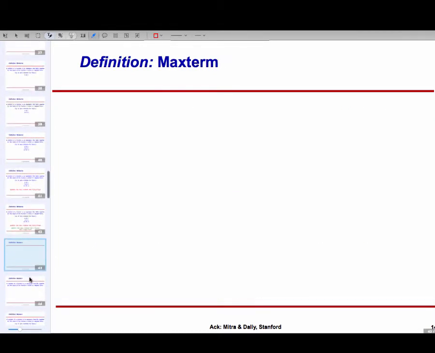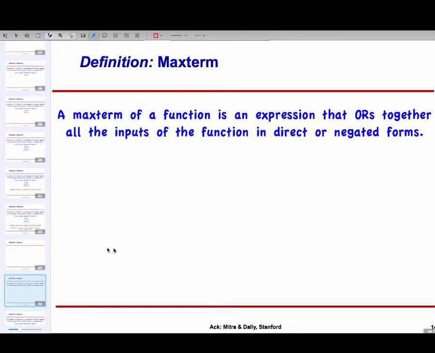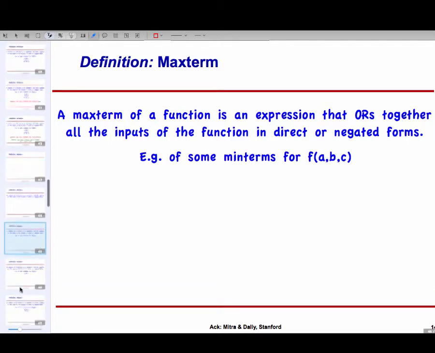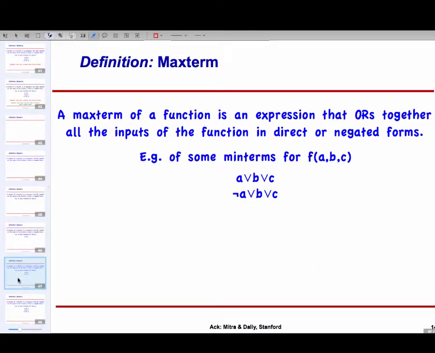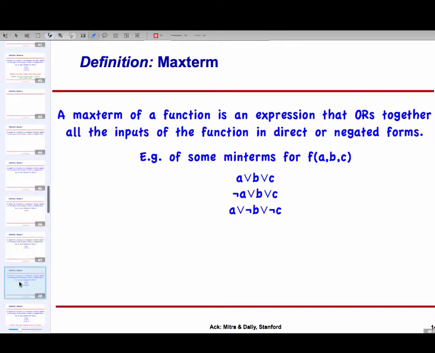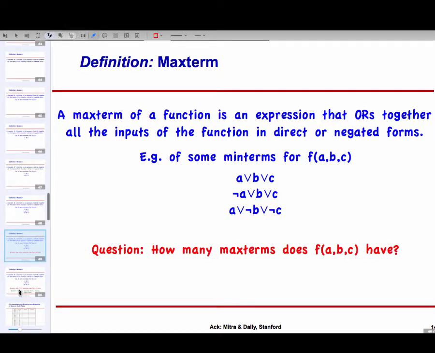Okay. Counterpart, as you can imagine, we had minterm, so we have max term. Max term is where things are ORed together. So same story. I may have A or B or C, not A or B or C, A or not B or not C, and so on and so forth. And again, the same story.